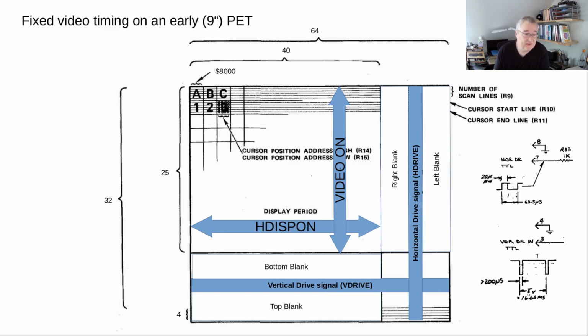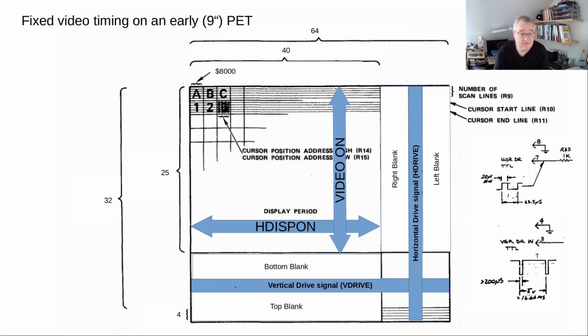I'll try to introduce some concepts here. There is this video on signal. This is one signal that will play an important role later on in the schematics, and this is active during the whole time, during those 25 character lines. Actually, 25 character lines by 8 raster lines means 200 raster lines here, and then we have 20 raster lines here in the bottom blank.